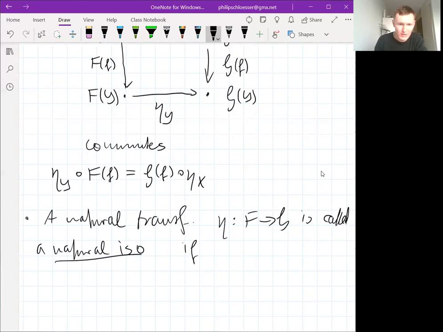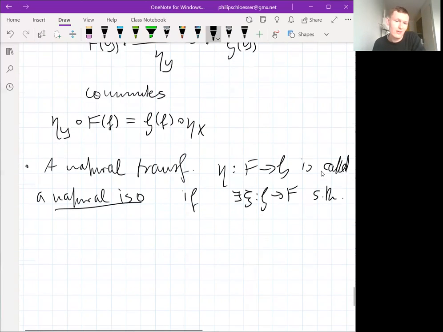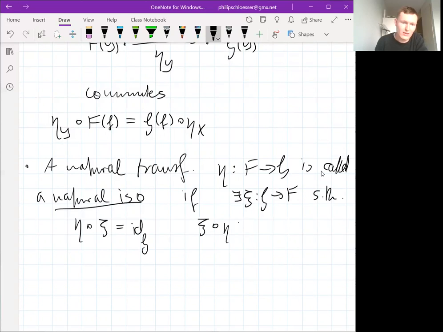What does that mean? If there exists a natural transformation xi from G to F, such that, and well, I haven't really spoken about this, but we can compose them, such that eta after xi is equal to the identity natural transformation on G, and xi after eta is equal to the identity natural transformation on F.